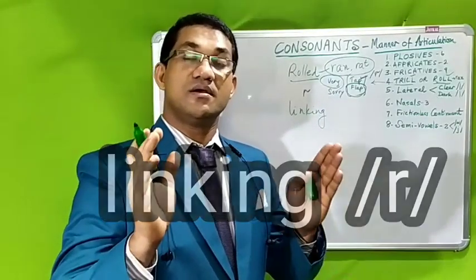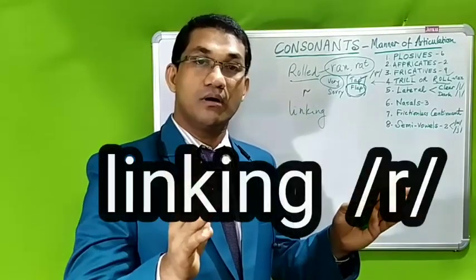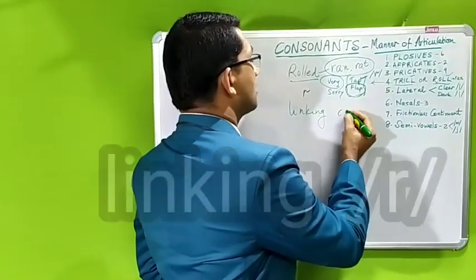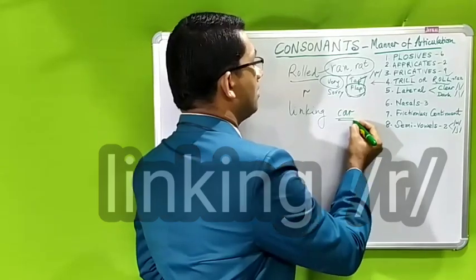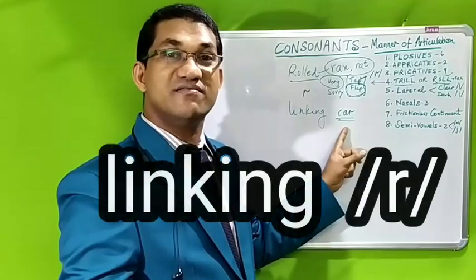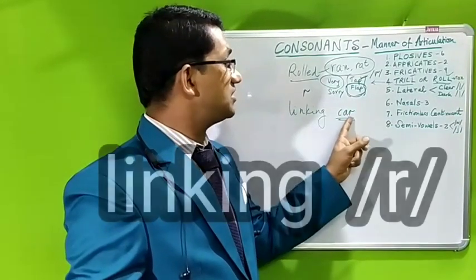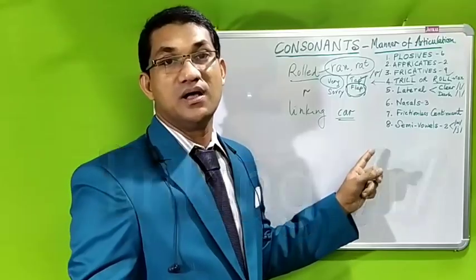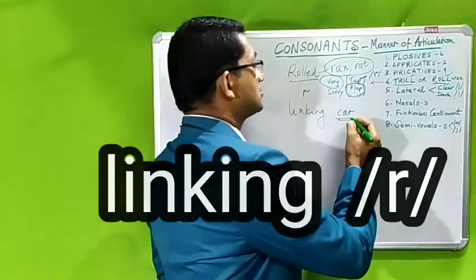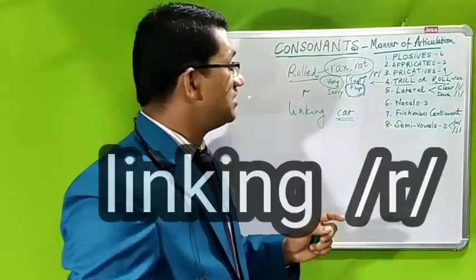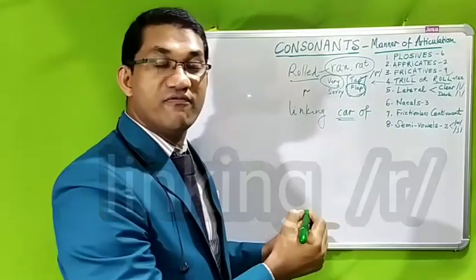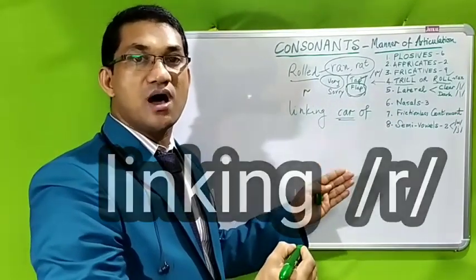Now we have to understand what in fact a linking R is. In certain contexts we have the post-alveolar frictionless continuant coming at the end of a word. Say for example, we have the word car, and if the next word begins with a vowel sound, this particular R will be audible, and that audible R is known as linking R. Say for example, we have a phrase like car of Alex, or car of somebody.